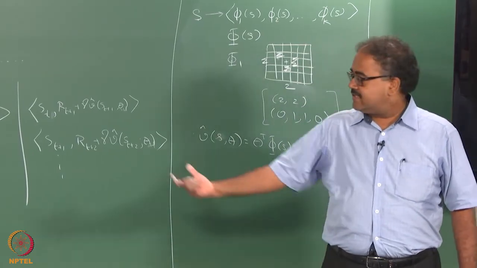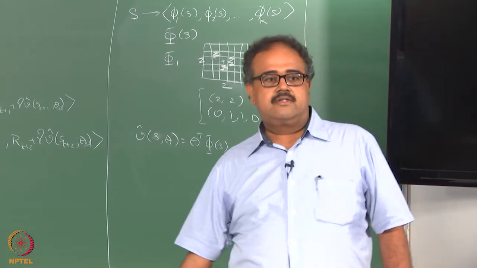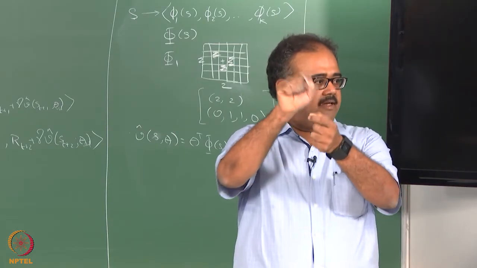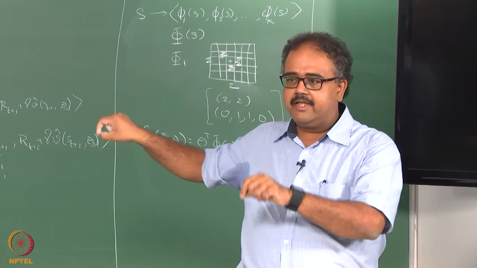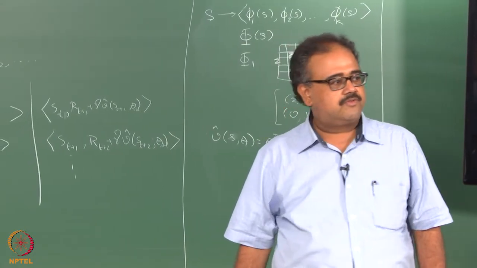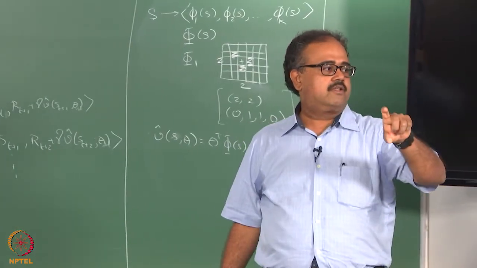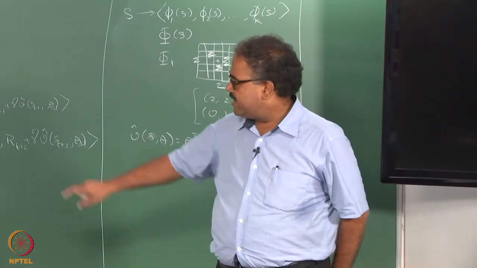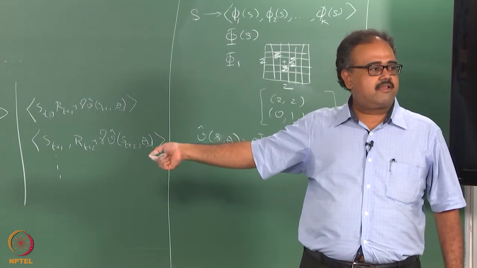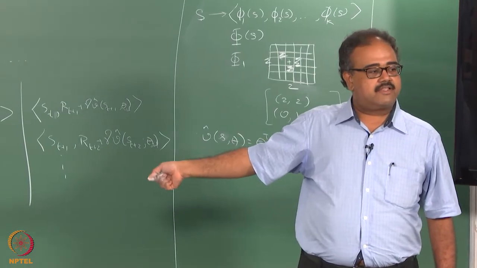Remember that that is a vector equation, I mean it is a set of equations. So, it will be theta t plus 1 equal to theta t plus alpha times the error times phi, and so on and so forth. The first component of theta t plus 1 is equal to the first component of theta t plus alpha times the error times phi 1 of s.